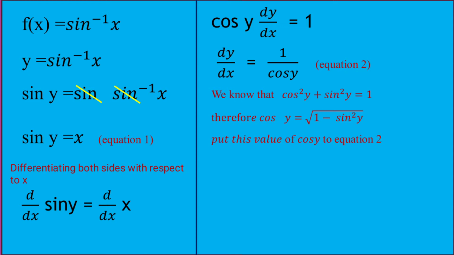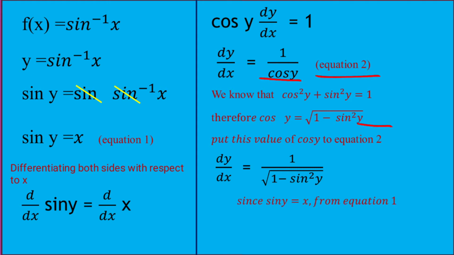We put this value of cosine y into equation 2, and it becomes dy over dx equals 1 over the square root of 1 minus sine squared y.